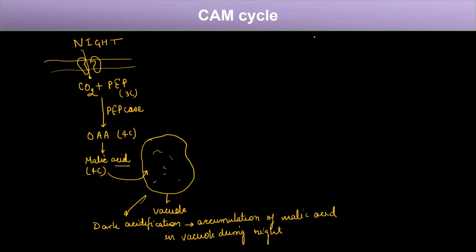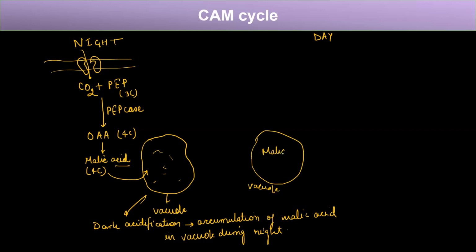Now what happens during the daytime? During the daytime, this accumulation of malic acid in the vacuole, this malic acid gets released from the vacuole. So during the day, we have the vacuole, and we have what?